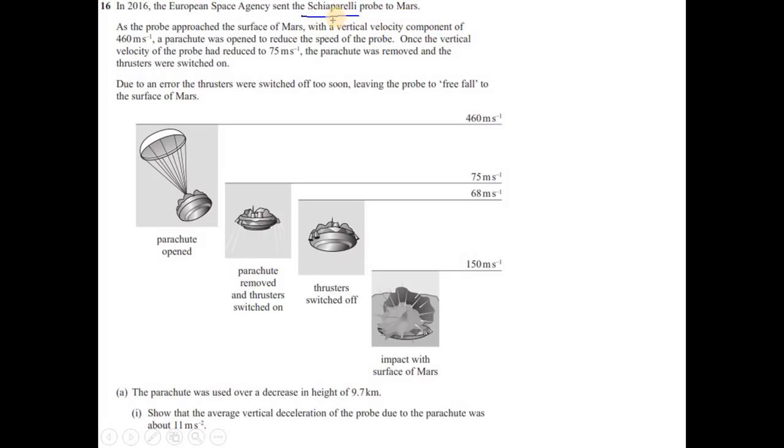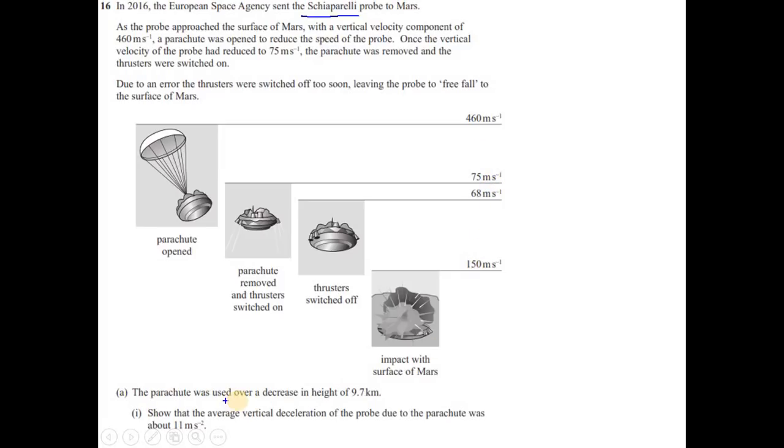As the probe approached the surface of Mars with the vertical velocity component of 460 meters per second, a parachute was opened to reduce the speed of the probe. Once the vertical velocity had reduced to 75, the parachute was removed and the thrusters were switched on. Due to an error, the thrusters were switched off too soon, leaving the probe to free fall to the surface of Mars. So this is the condition, and these are the respective velocities at different positions.